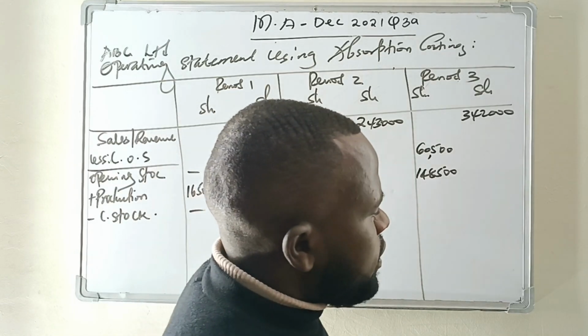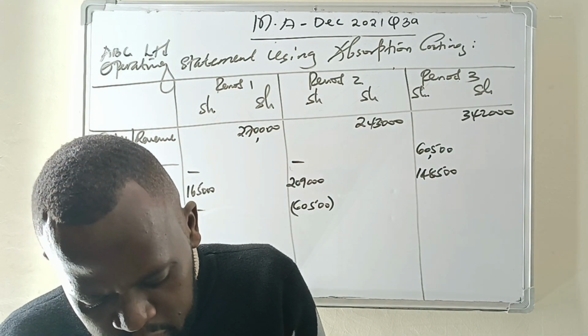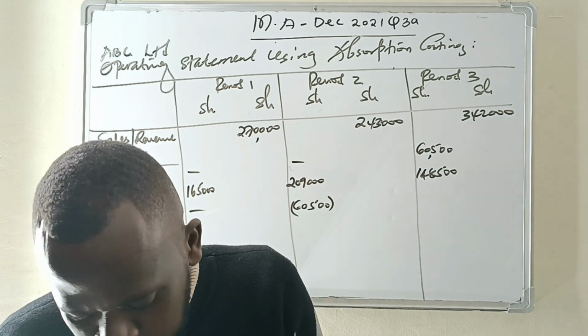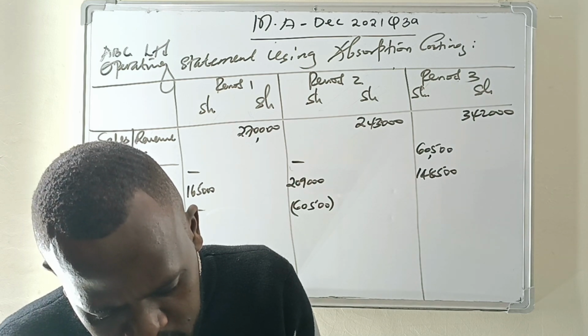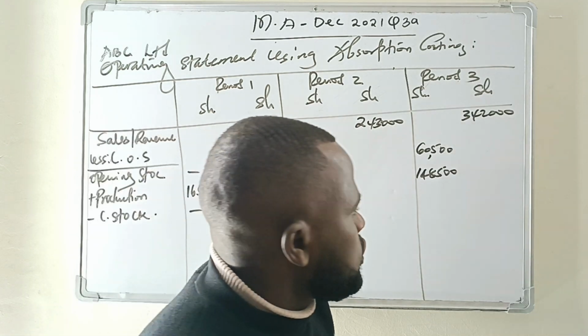Period 3, we produced 27,000 plus the opening of 11,000, so the total is 38,000, and we sold the whole 38,000. So there is no closing stock here.